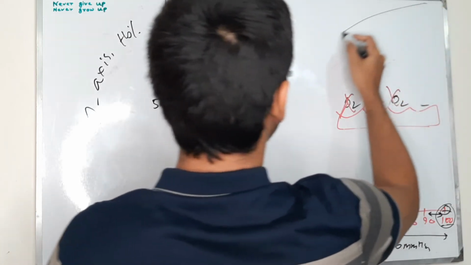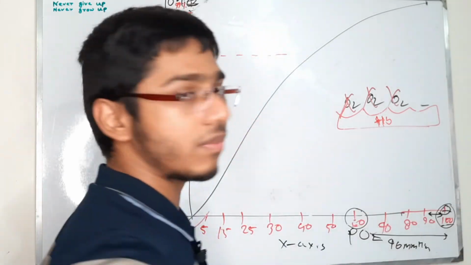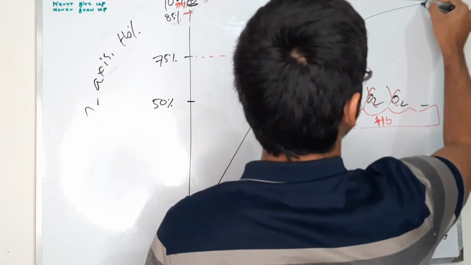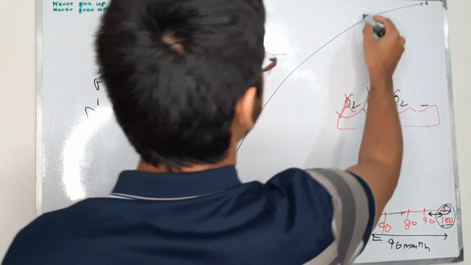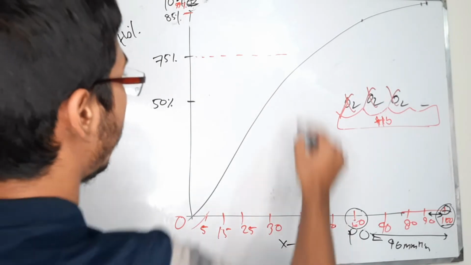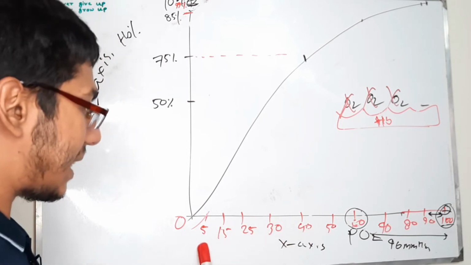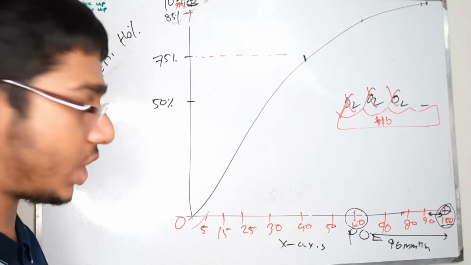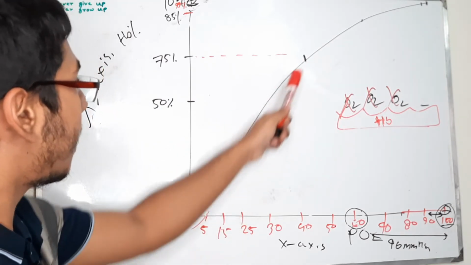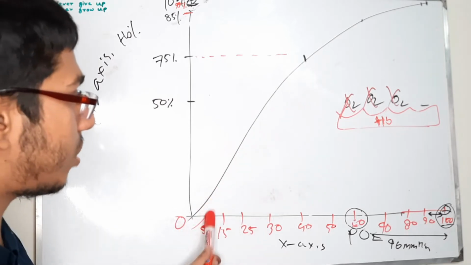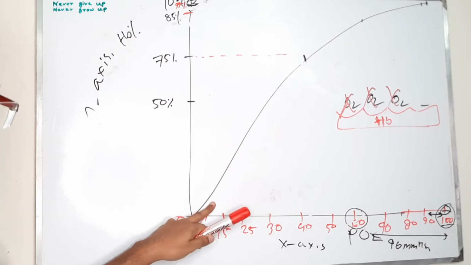So at 100 we had 100% saturation, at 90 we had 99% saturation, at 60 we had approximately 85% saturation, at 40 we had 75% saturation, and after 40, for each millimeter of mercury of pressure change across the x-axis, we'll have a rapid fall of the saturation of the hemoglobin, and it becomes a strong dissociator and less associator with oxygen, and the graph shows a huge fall.